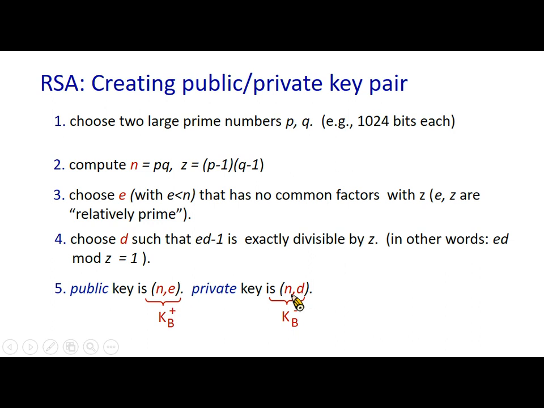We choose e with no common factor with z, and d such that ed minus 1 is exactly divisible by z.